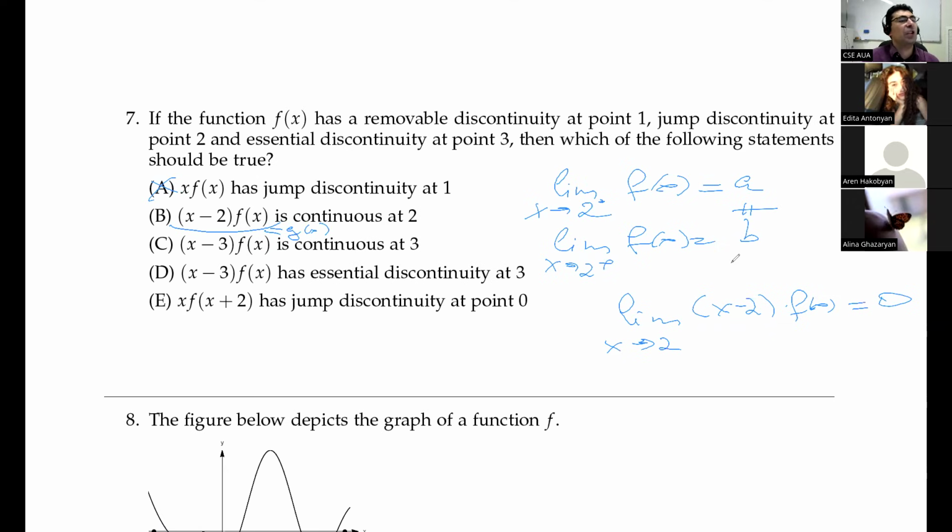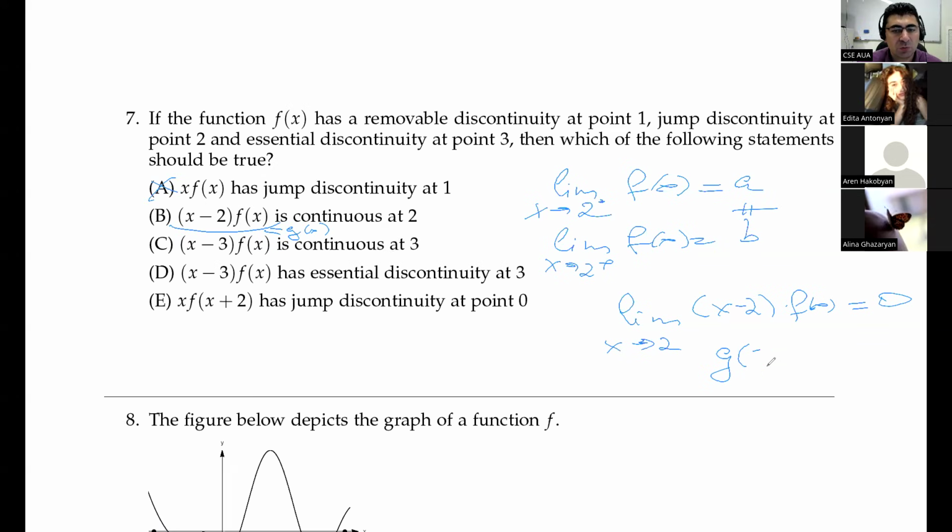Can we say function g is continuous at point 2? Just if the limit from right equals the limit from left, is the function continuous? Is this enough? The limit also should be equal to the value of the function at that point. So we are talking about function g, which is x minus 2 times f of x.